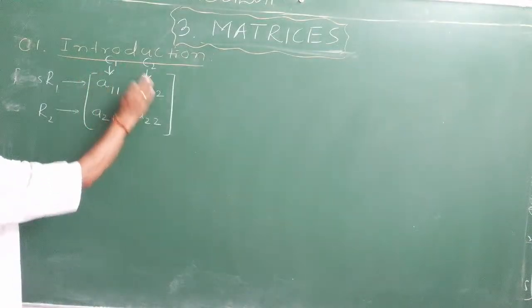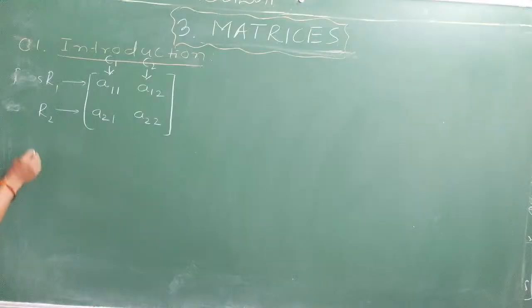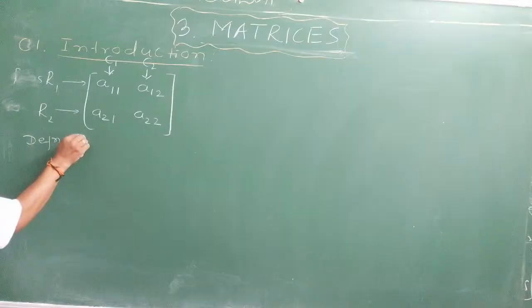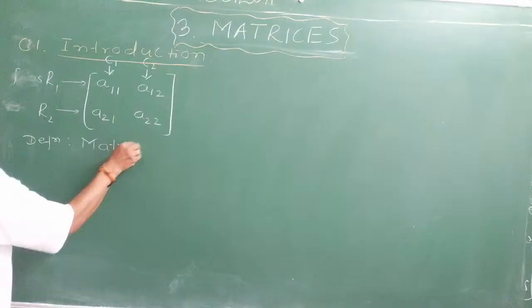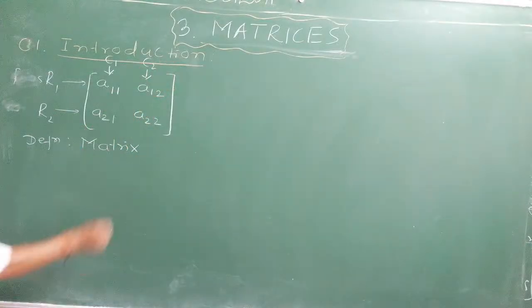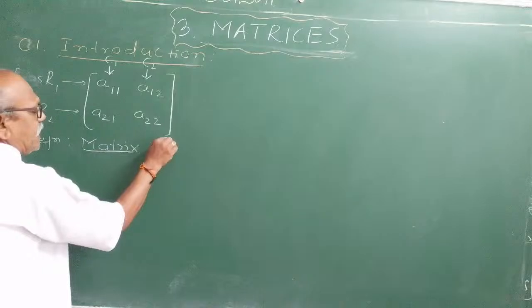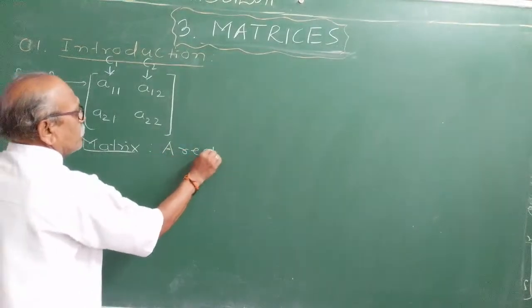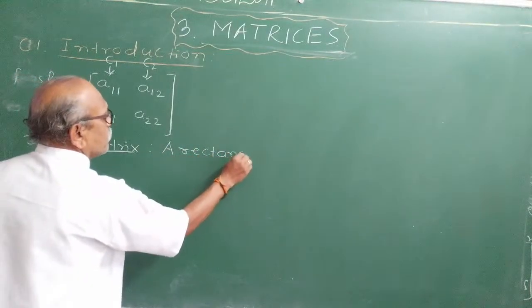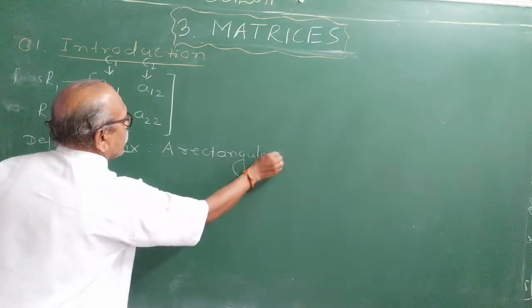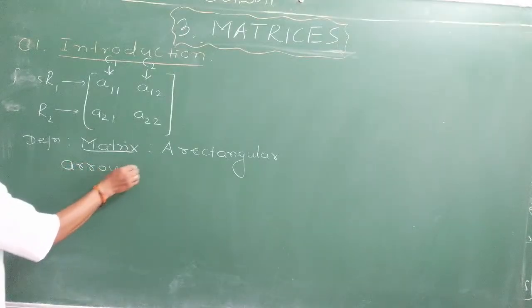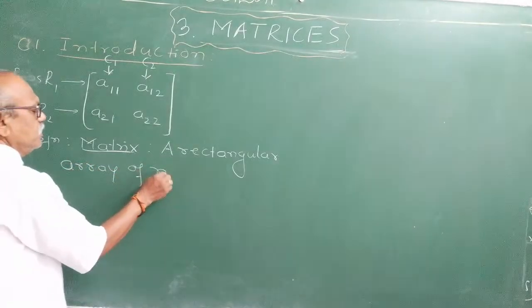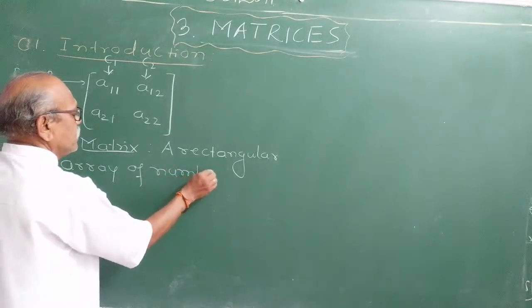And this particular array, you can write the definition of matrix. Plural of matrix is matrices, right? A rectangular array of numbers, array means arrangements, particularly we are taking numbers here.